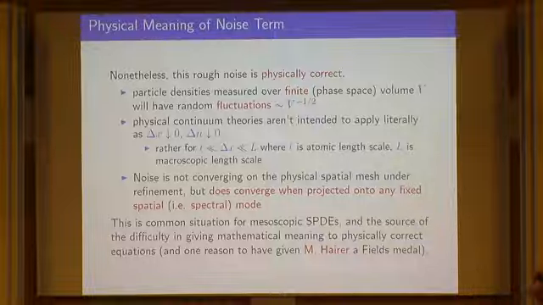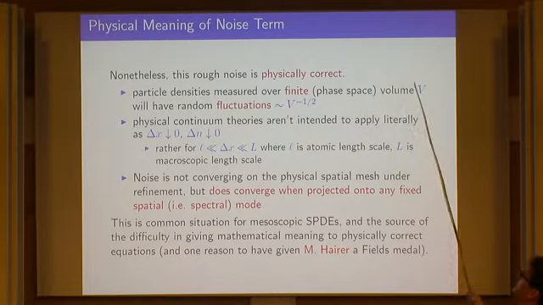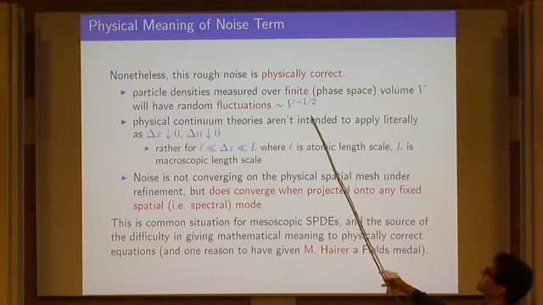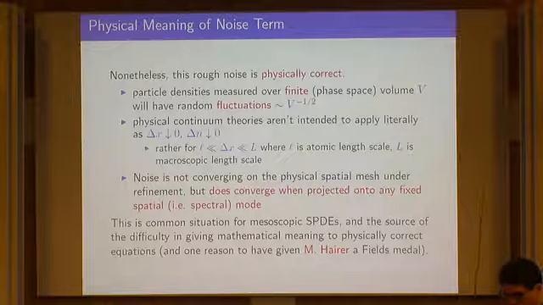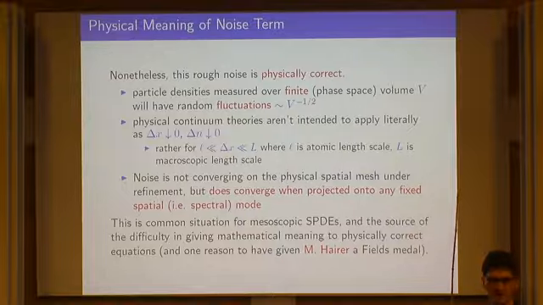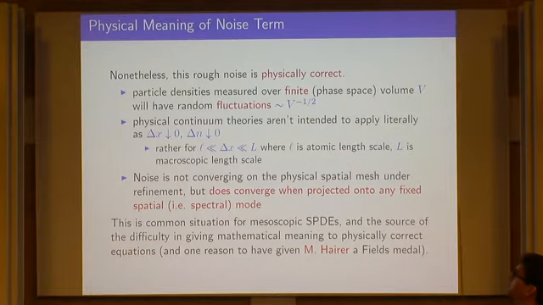When you're looking at these particle densities in a numerical way, you're always representing them in terms of some finite volume V. The number of particles in a volume of size V will fluctuate as the square root of V, and when you divide by V to get a density, the density will scale like 1 over the square root of V. So just looking at the same system at different levels of resolution, the density will look rougher and rougher in proportion to 1 over the square root of the volume as I refine the mesh.